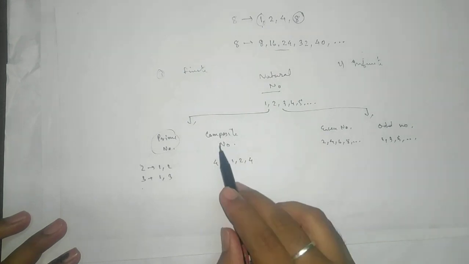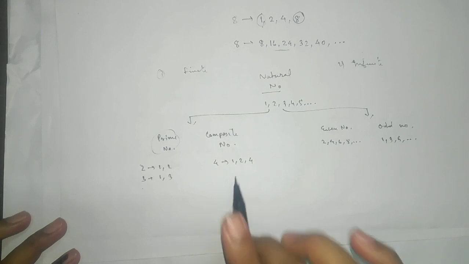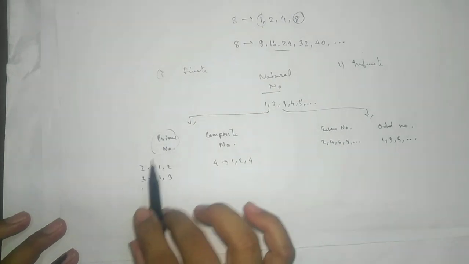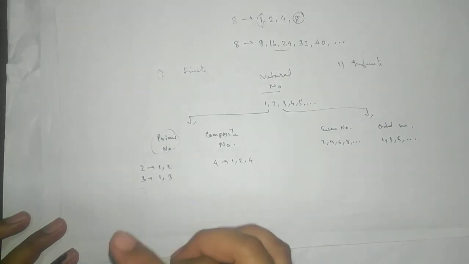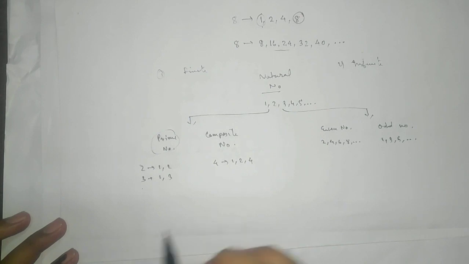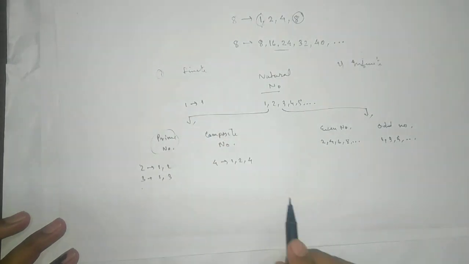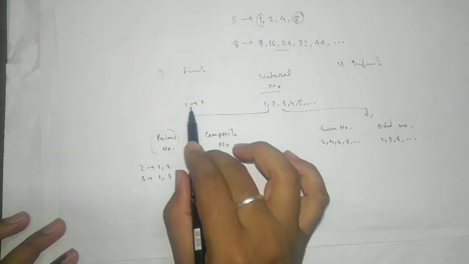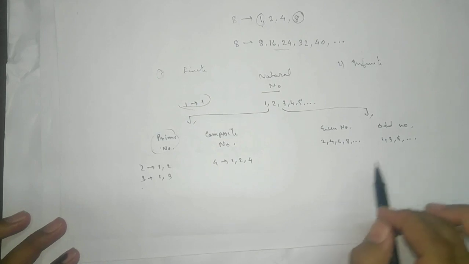No. A composite number has more than 2 factors, and a prime number has exactly 2 factors, not less, not more. So 1 has only 1 factor and does not come under any category, but we can keep 1 in the odd number category.